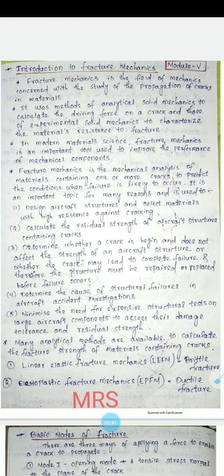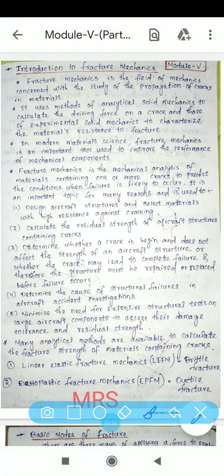This fracture mechanics method uses analytical solid mechanics to calculate the driving force on a crack, and experimental solid mechanics to characterize the material resistance to fracture. So in this case there are two methods. One is analytical solid mechanics, one is experimental solid mechanics. Analytical solid mechanics is used to calculate the driving force.